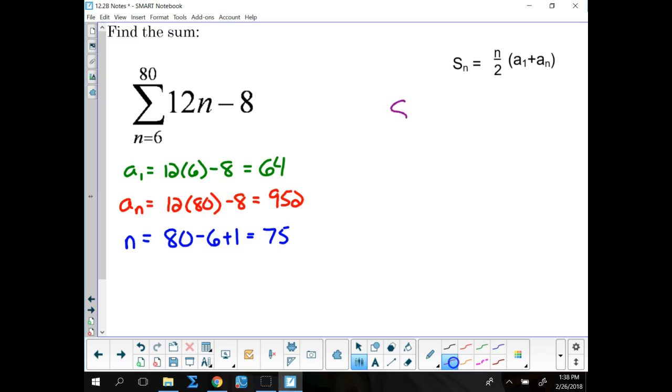So the sum of the first 75 terms is going to be 64 plus 952. Yeah? So that is 75 divided by 2 times, what's that? 1016?